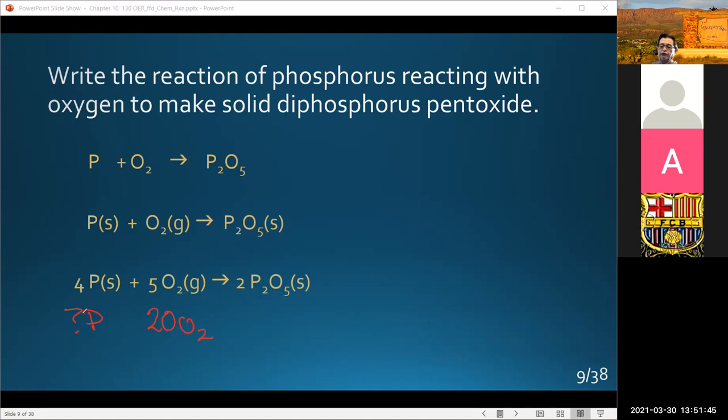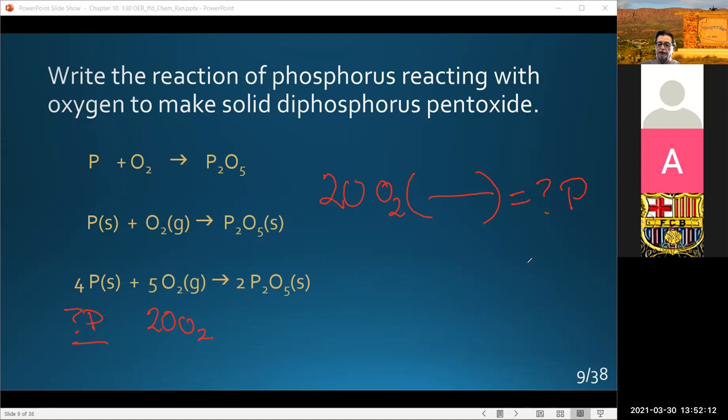Well, to answer that, like we did with the conversion factor problems, you write down what you're given. We're given 20 oxygens. Obviously, we're going to need a conversion factor here. And what are we looking for? We're looking for phosphorus. How many phosphorus do we need?